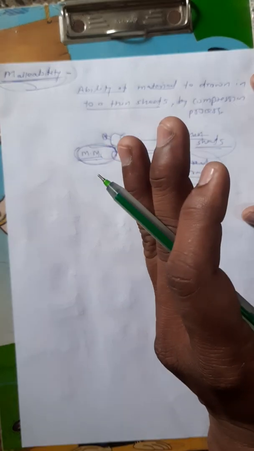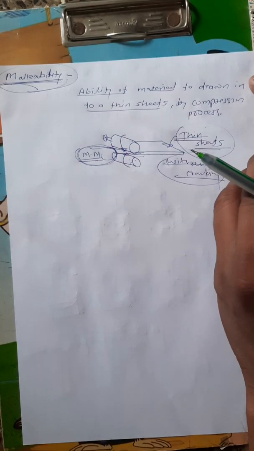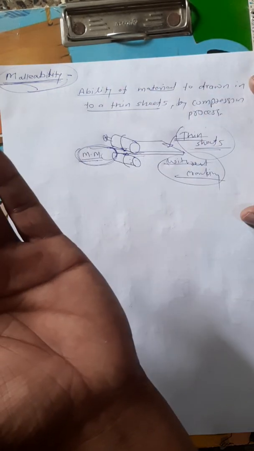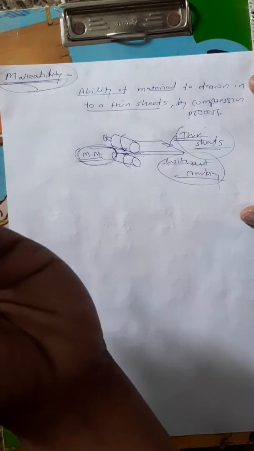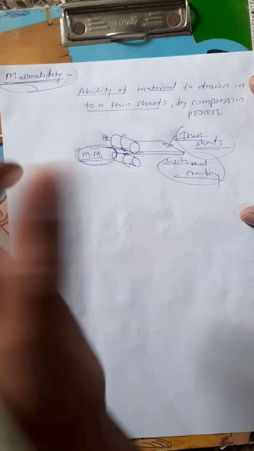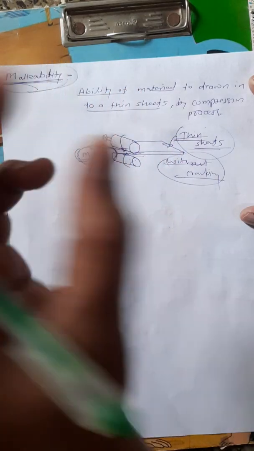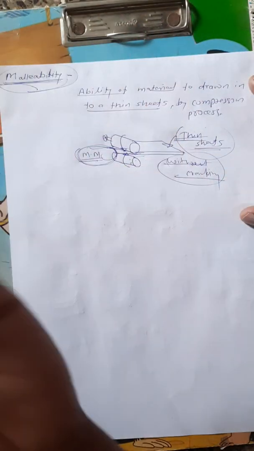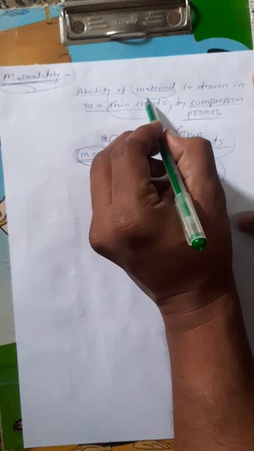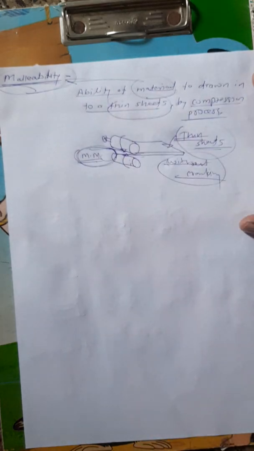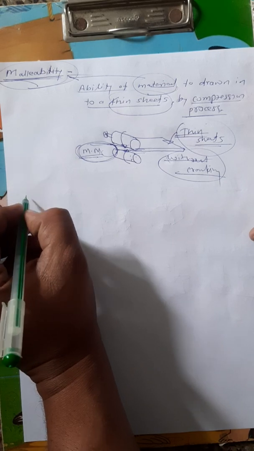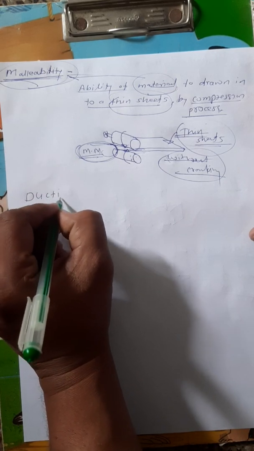We don't have cracks on the sheet after drawing from the compression process. Such a material, having the ability to be formed into a thin sheet by rolling, is called a malleable material.